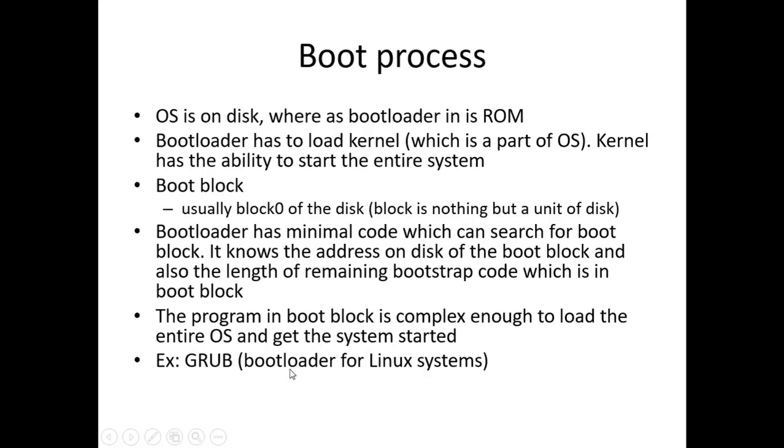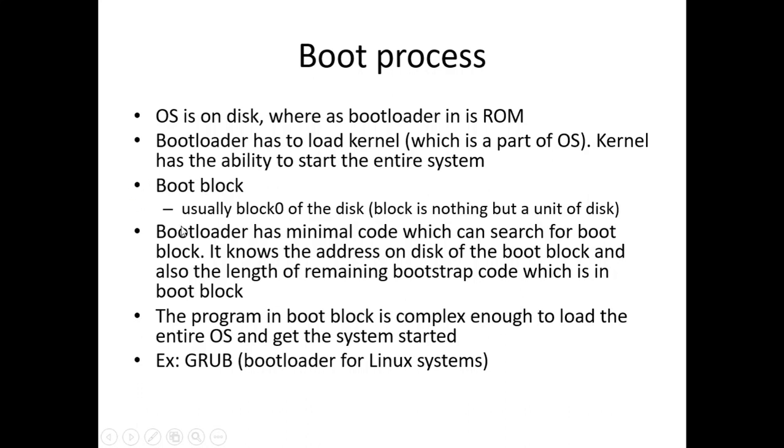In that first step, the bootloader would find this boot block. The bootloader would have code, but this code would only be meant for finding the boot block. It won't load the kernel.